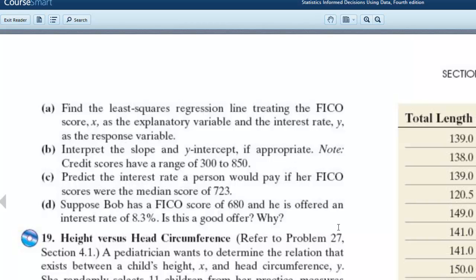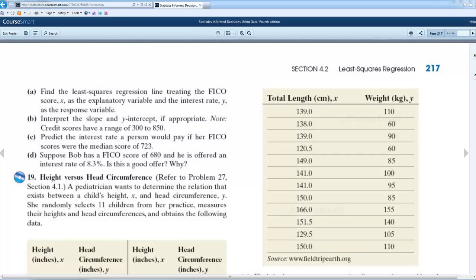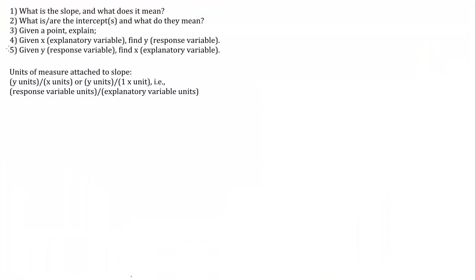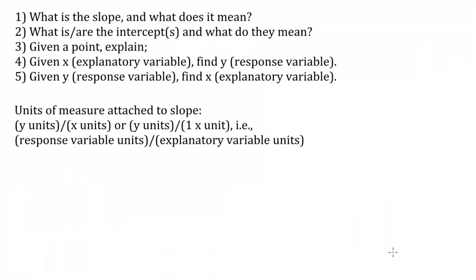Now, part C is saying, predict the interest rate a person would pay if her FICO score were the median score of 723. Of the 5 questions that we're asking, this is number 4: given X, find Y. It's important to understand that when that question is asked, it will never be asked directly like that.